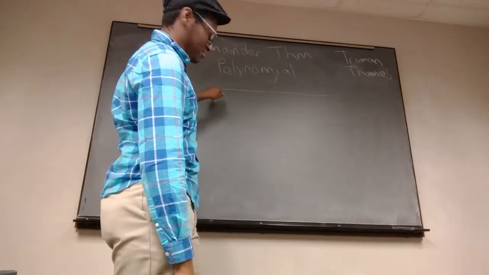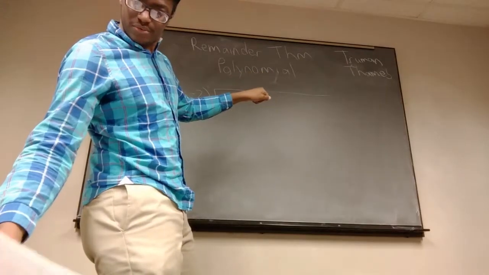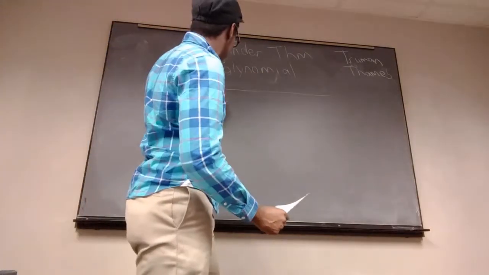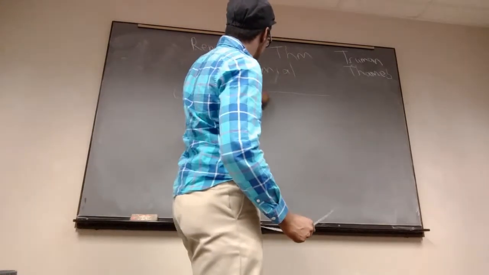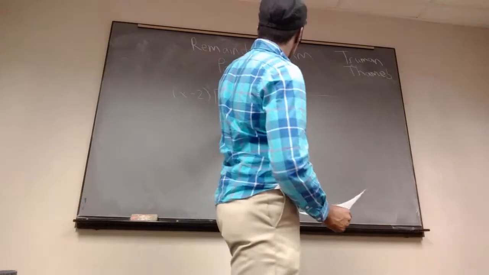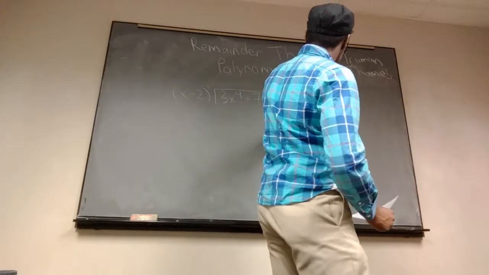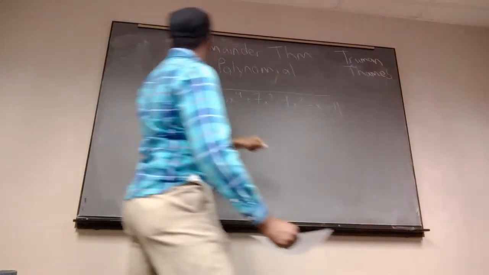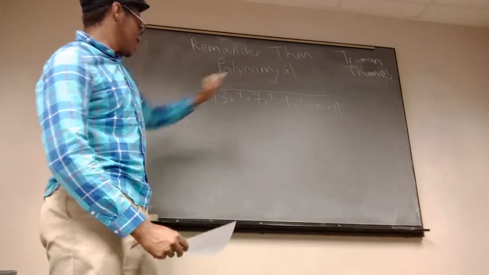So, one example to get started is going to be x minus 2 divided by 3x to the 4th plus 7x cubed minus 4x squared minus x plus 11. How many times is x minus 2 going into 3x to the 4th?